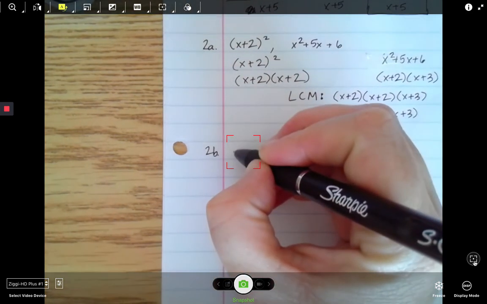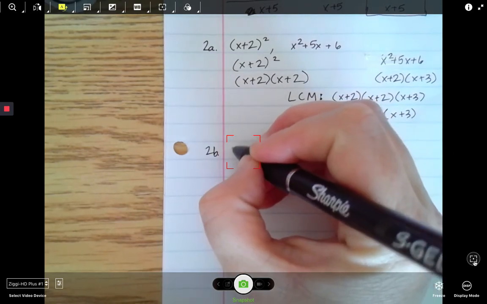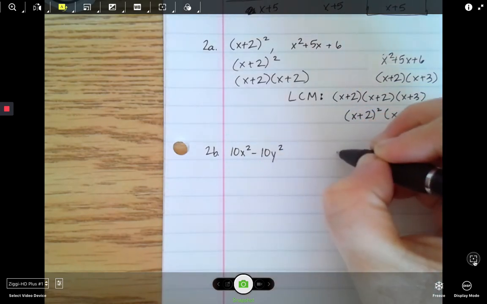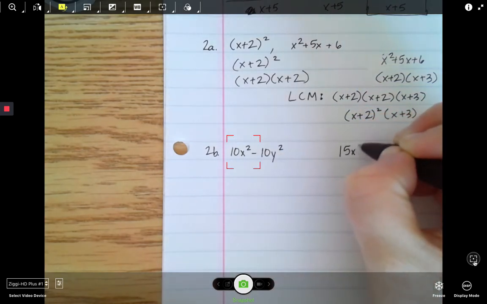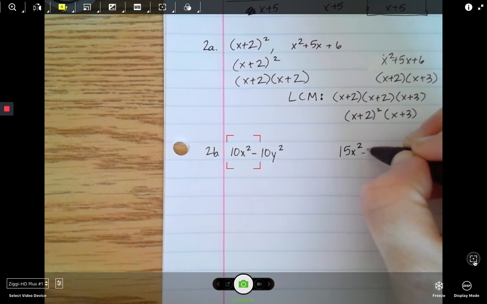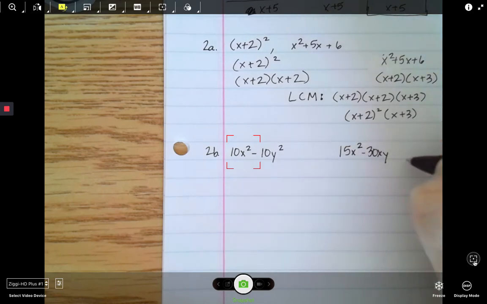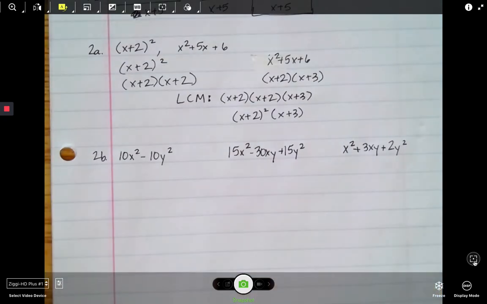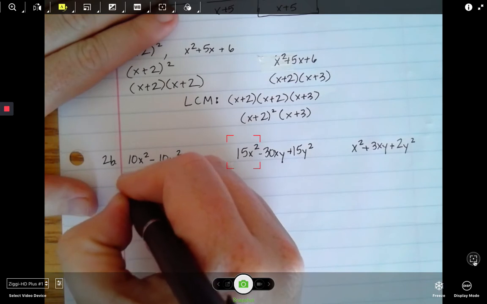All right, this next one's got 3 of them. We've got 10x squared minus 10y squared. I've got 15x squared minus 30xy plus 15y squared. x squared plus 3xy plus 2y squared. I am going to just factor these for you to make it a little bit easier. So I'll take out a 10.